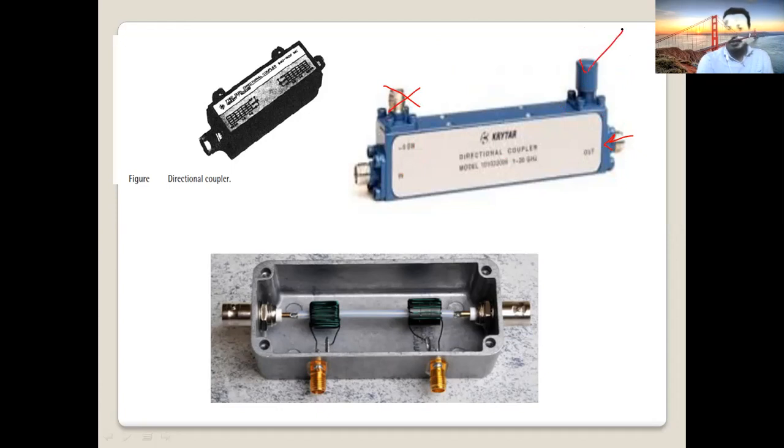Now, if a signal is applied from this direction, this port will not be used. We use this port. So the signal will come here, some part will go here, some part will transmit. So it's divided into two. But in this case, this port must be isolated. It must be zero power to this port. Zero power. That's what we call directional coupling.